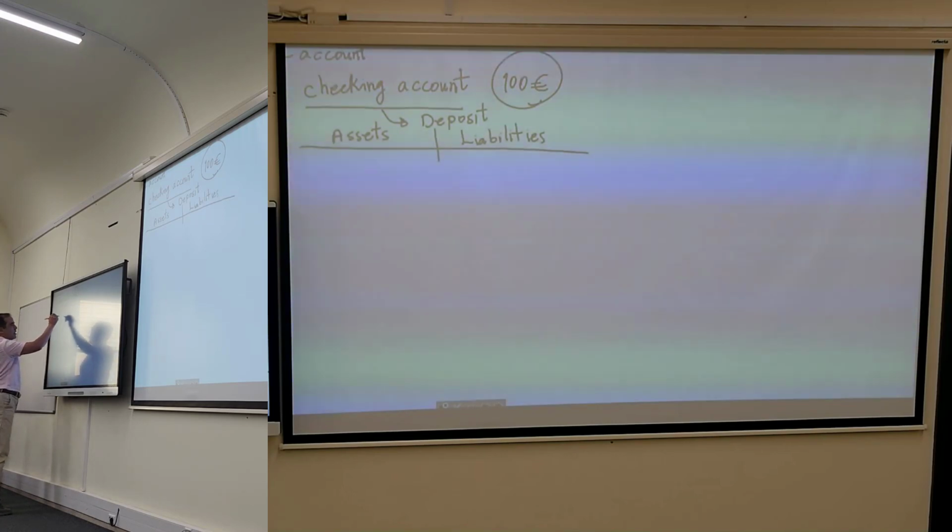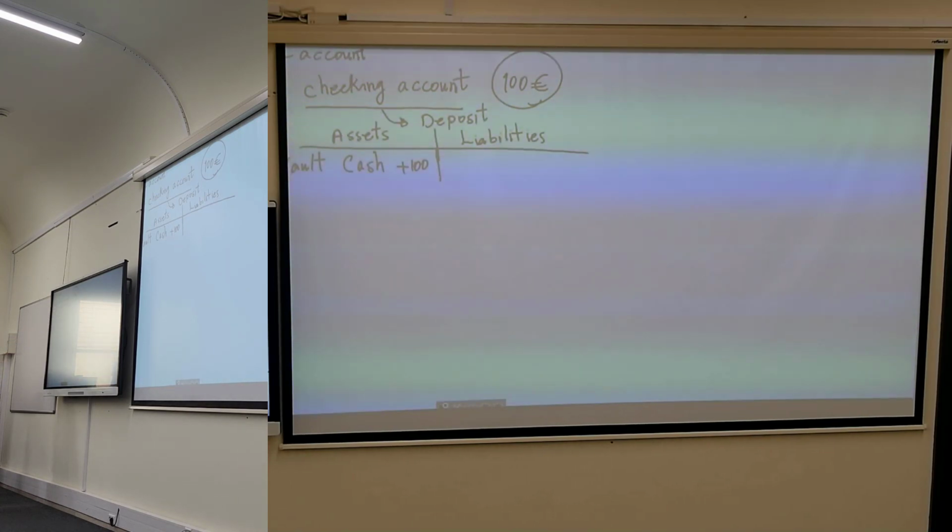So this is like a T, okay? And we have 100 euros increase in vault cash. So vault cash here would be increased by 100. And the T account looks like this.